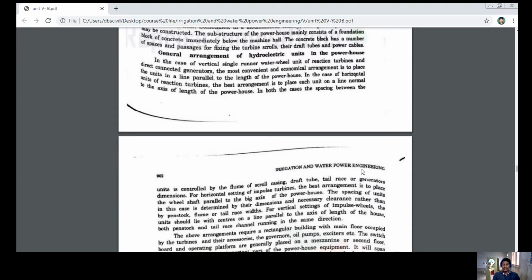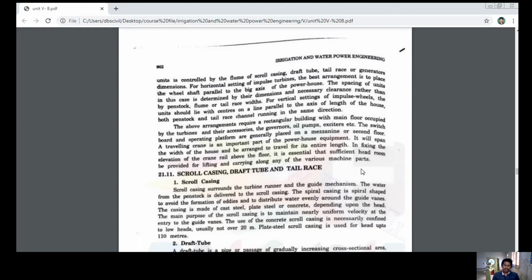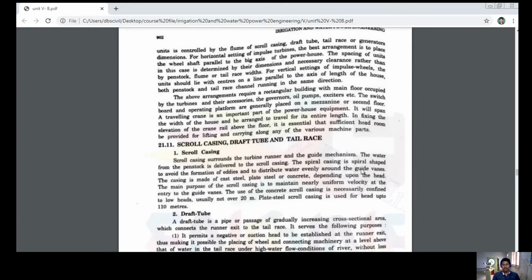Flume or tail race widths for vertical setting of impulse wheels: the units should lie along the center line parallel to the axis of length of the house. Both the penstock and tail race channel run in the same direction, so make sure both run in the same direction before and after the powerhouse.